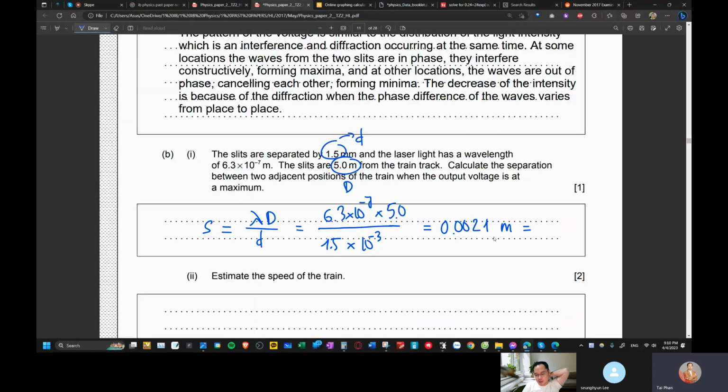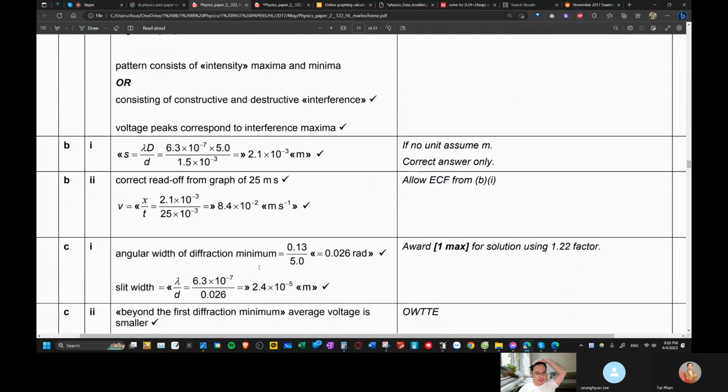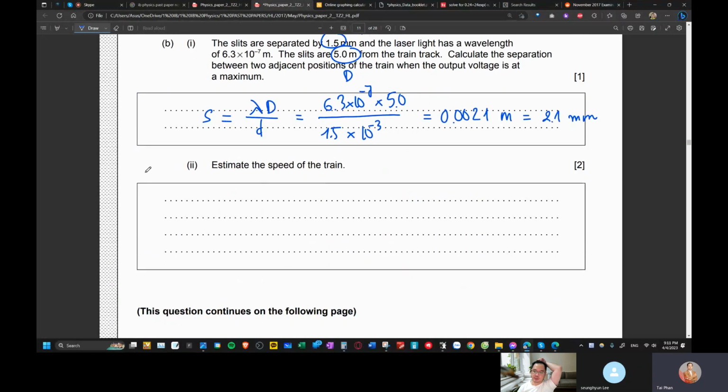You can convert to millimeter: 2.1 millimeter.